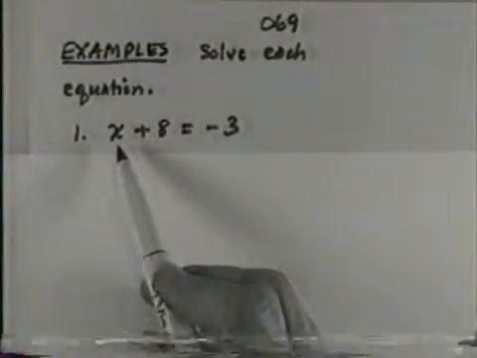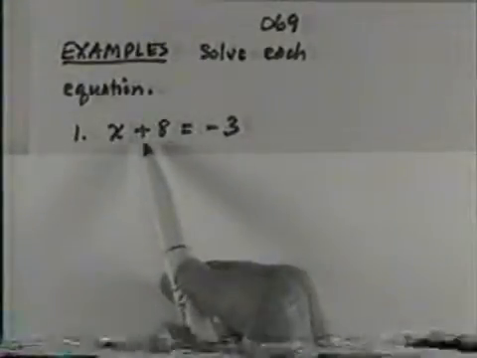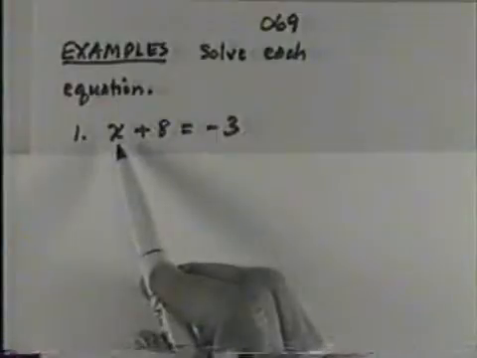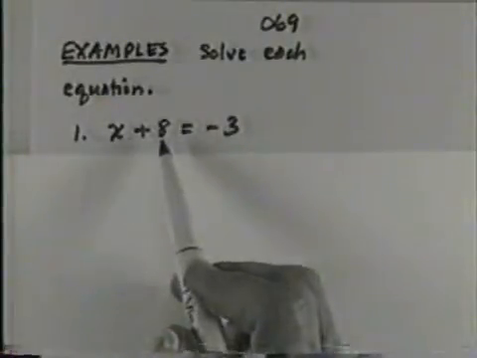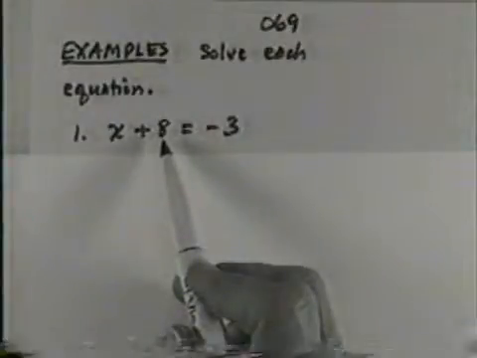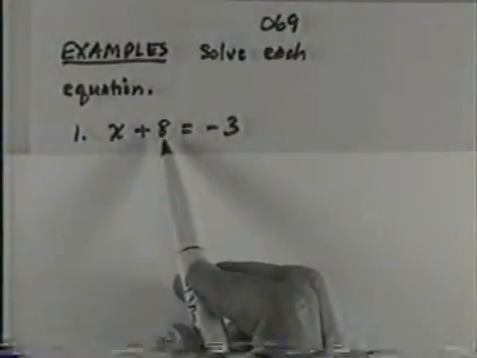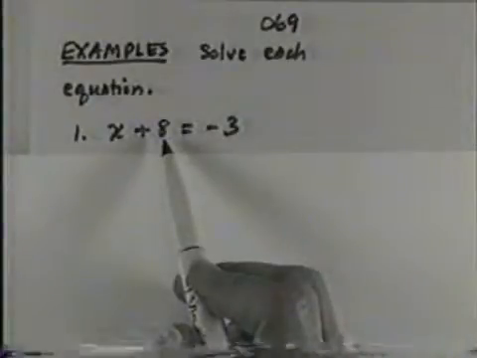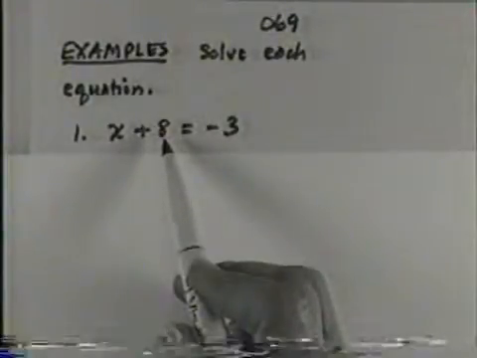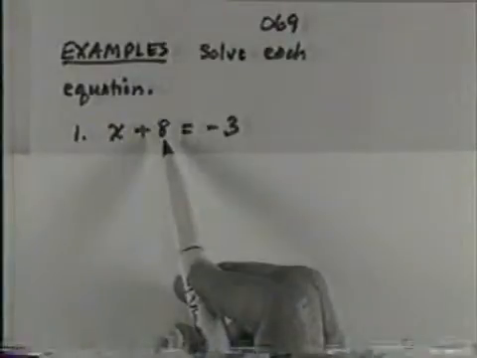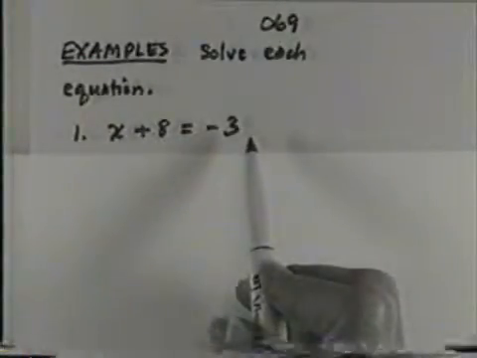That means that we want to have nothing on this side of the equation except the letter. The 8 is in the way. We want to remove it. Let's use the addition property by adding -8 to this side of the equation. Remember that if we add -8 to this side, we must add it to the other side as well.